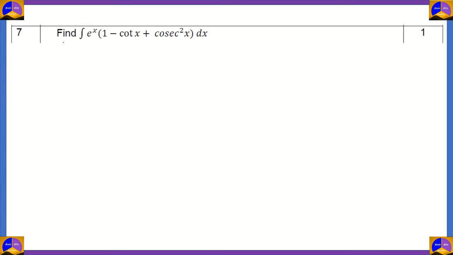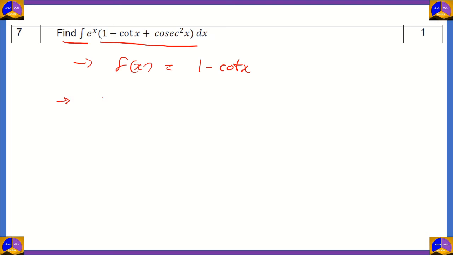This one is related to integrals. Find the integral of e raised to x times (1 minus cot x plus cosec square x) dx. So, in this question, let's consider f of x as 1 minus cot x. The reason why I do that is because I spotted an e raised to x multiplied to these terms.